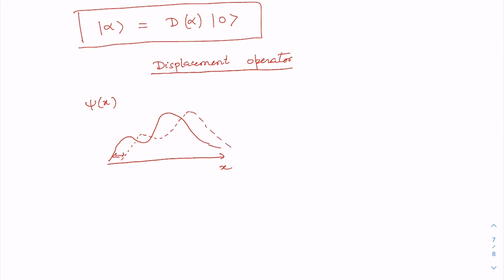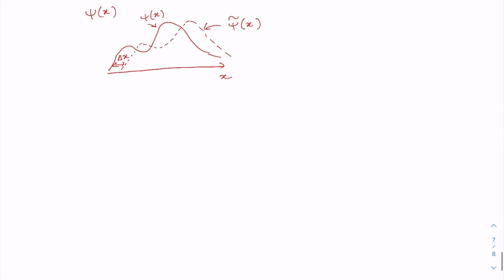So it is displaced by delta x, and this is psi of x, and this displaced form of the wave function is, say, psi tilde of x. Now you can see that psi tilde of x is actually the same as this wave function psi of x at distance x minus delta x.